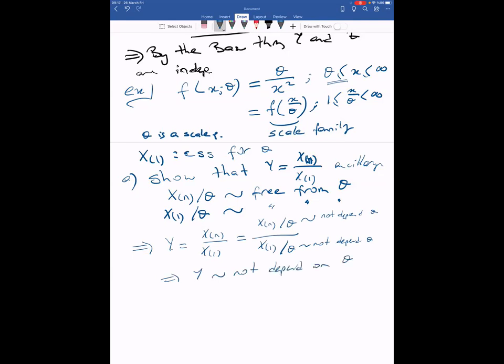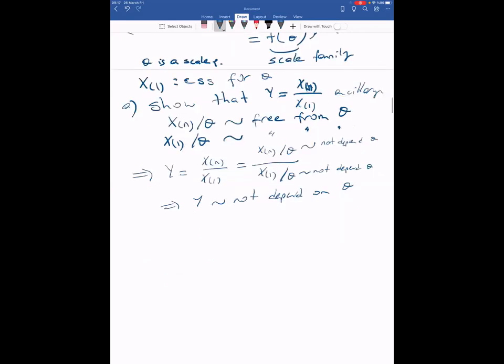So without doing any of these joint distributions and transformations, we can say that Y is an ancillary statistic. So we have the complete sufficient statistic, and we have the ancillary statistic. Part B, then we can use their independence. My first part was showing whether the parameter is a location or scale parameter, B is this one, and C show that.